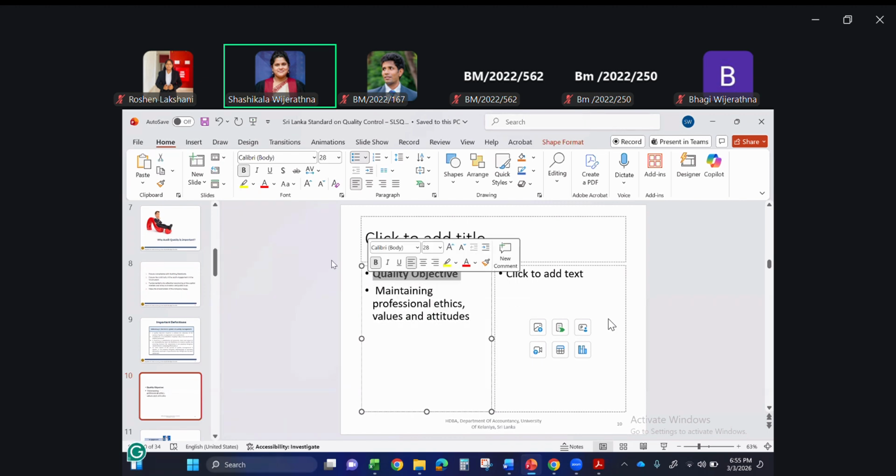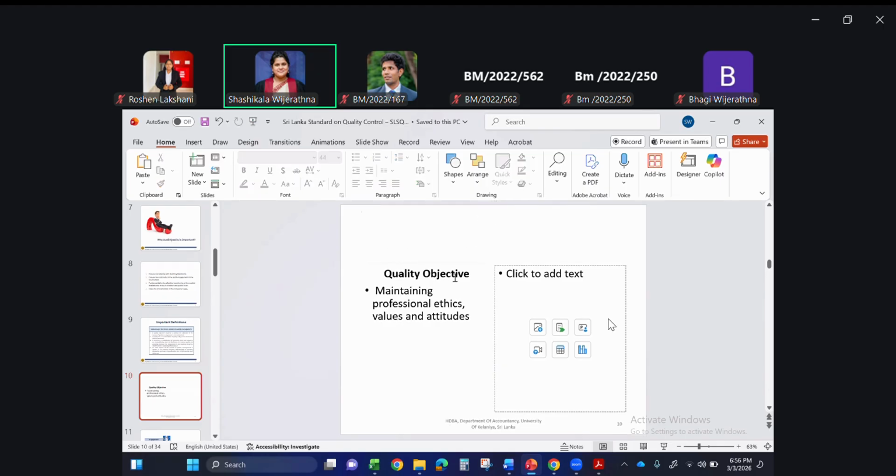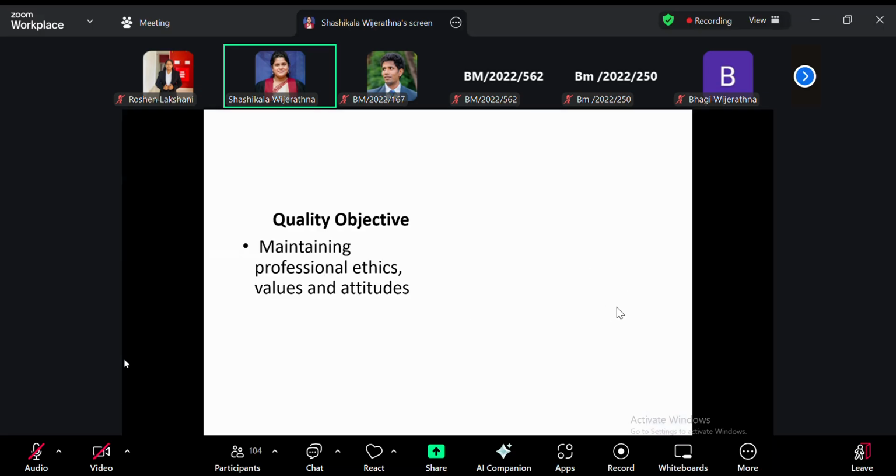This is my quality objective. First we need to define what our quality objectives are. By implementing the quality management framework, I want to achieve this particular quality objective, that is maintaining professional ethics, values, and attitudes.